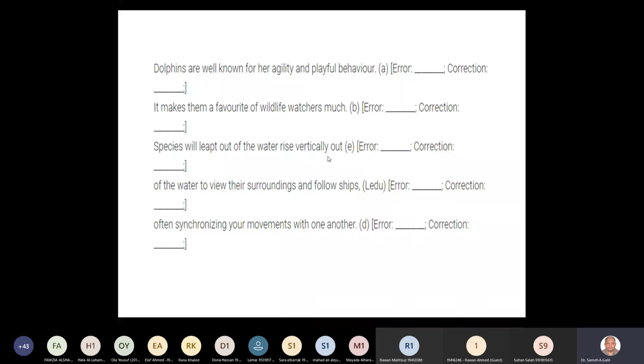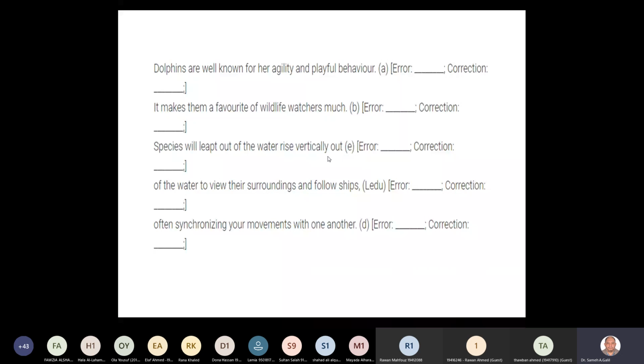So, Thawban, go ahead. Playful is a behavior, but agility isn't. Oh, well, it's not about that. We're not talking about the meaning. We're talking about grammar, where you have an adjective and you have a noun, and they are supposed to describe behavior, which is a noun.